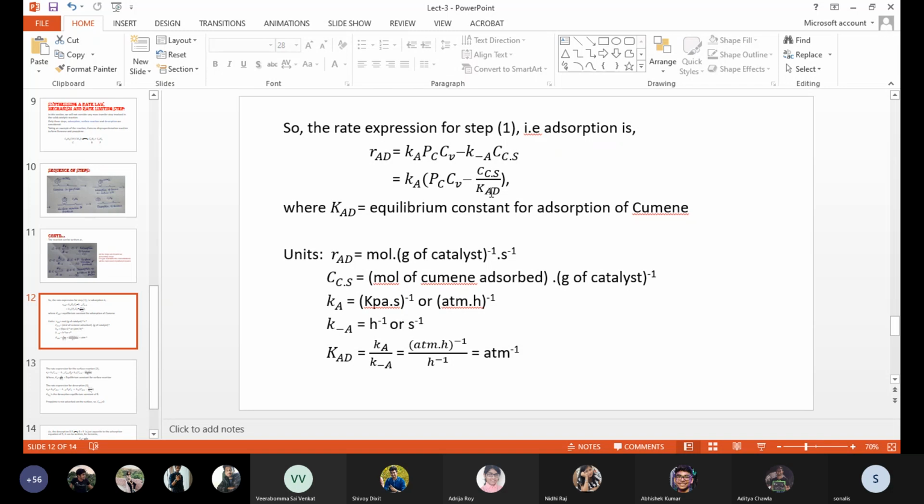This adsorption equilibrium constant is for the adsorption of cumene. So here, if you want, you can write KAD with small c as the subscript.